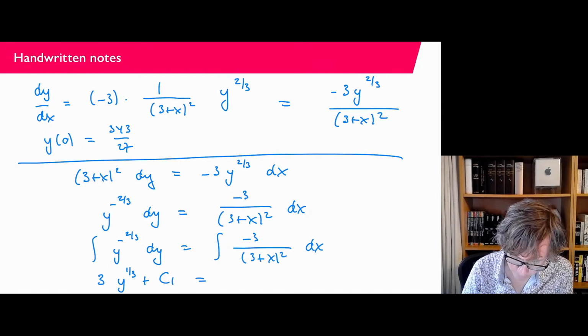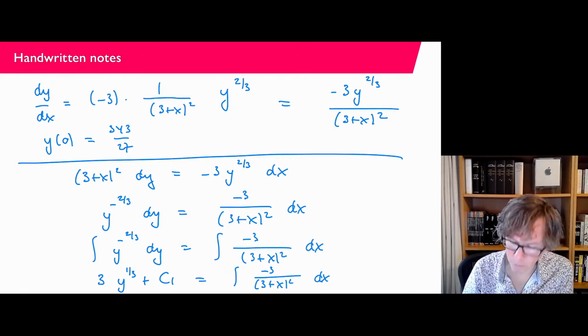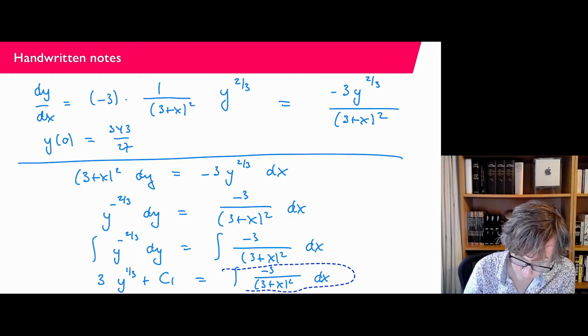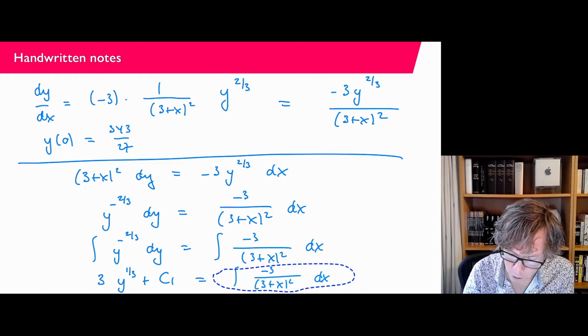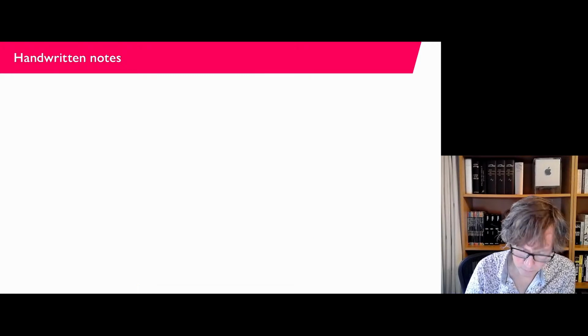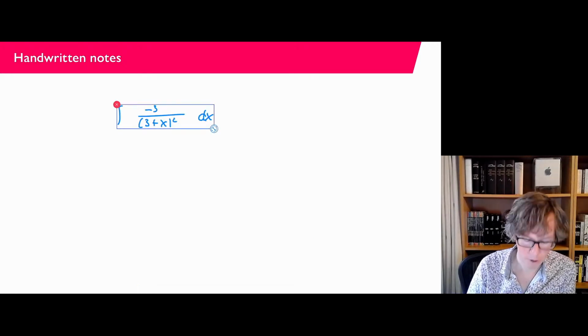So let me just copy the integral for a sec. 3 plus x squared dx. And I'm going to a new bit of paper. Copy the right hand side here. And there it is.